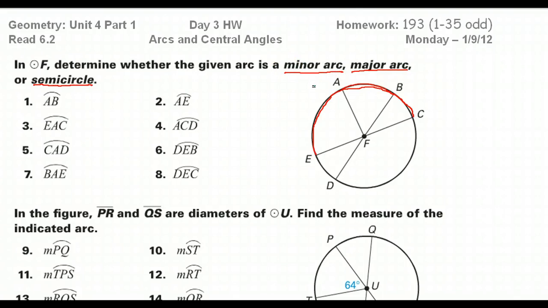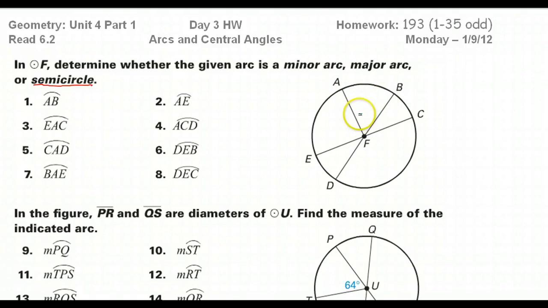Now, arcs are measured, they have degrees, just like angles do. And the bottom line, when it comes to the measure of an arc, how many degrees it is, if you look at the angle that's formed at the center of the circle, called a central angle, whatever would be the degrees of that central angle, it's considered to be the same measure of the arc.